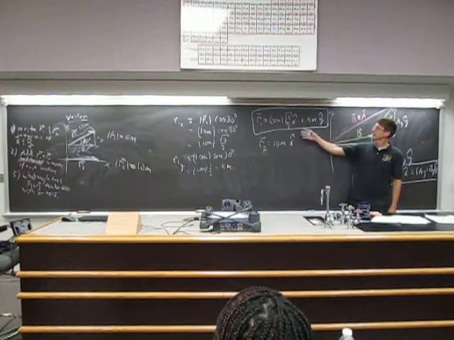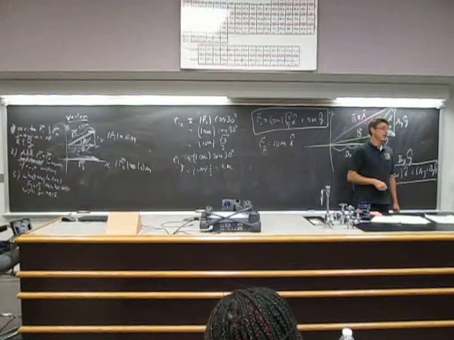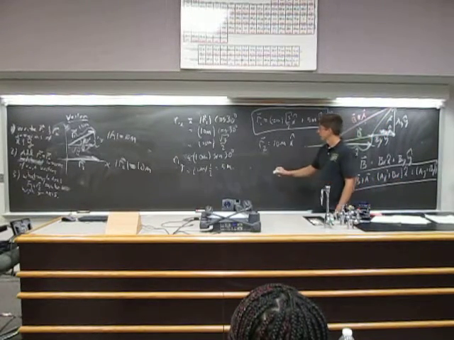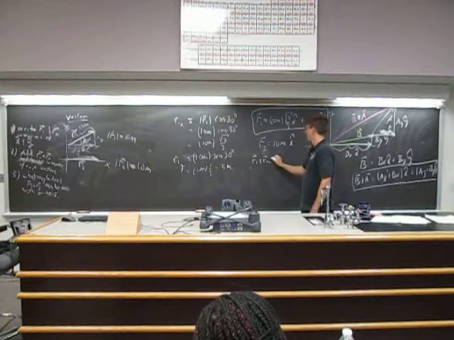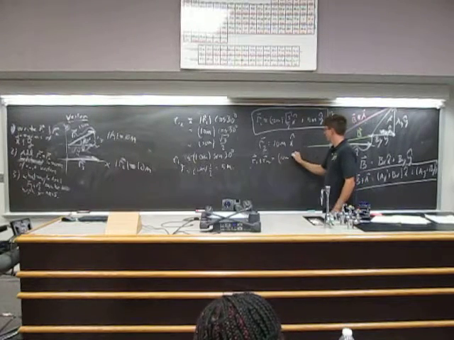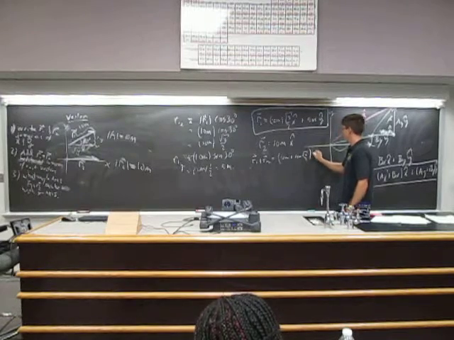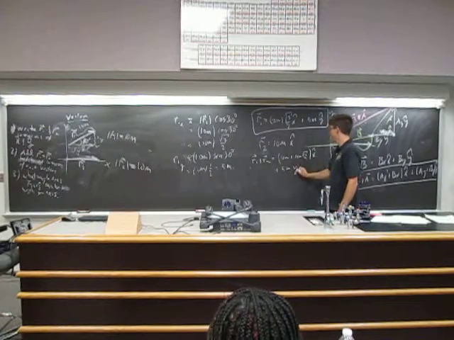Now if I wanted to add these up, what would I do? Add the x's and then add the y's separately. So R1 plus R2 vectors is equal to 10 meters plus 10 meters times square root of 3 over 2 x hat plus 5 meters y hat.